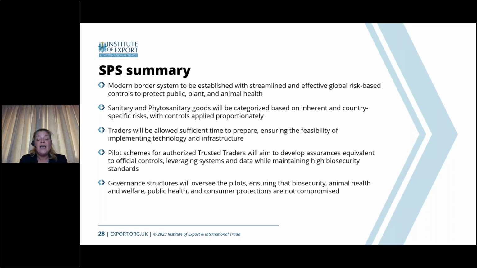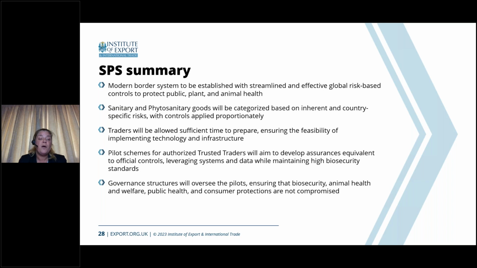So as I said, it may be that a product that is imported from the EU is considered low risk, while exactly the same product imported from the rest of the world is considered a medium or high risk. So the rule of origin for your goods will be just as important to provide the evidence as it will be to provide the certifications as well.